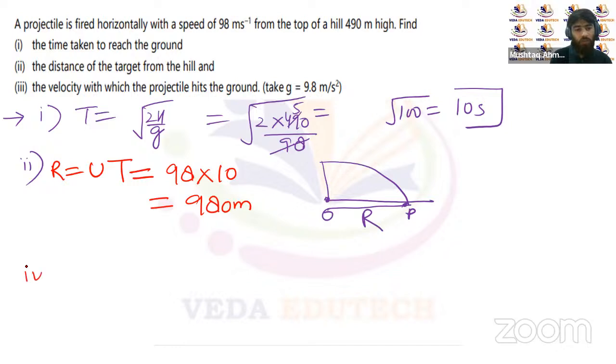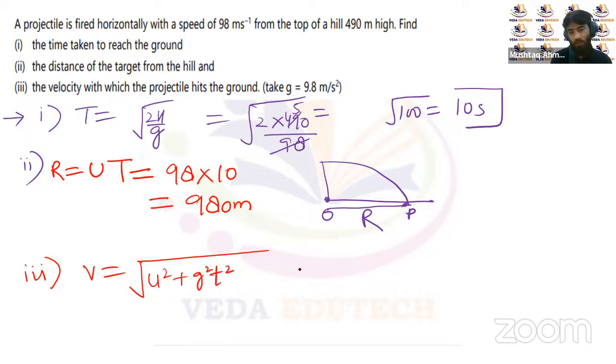Finally, we have to calculate the velocity with which the projectile hits the ground. That was calculated as the square root of u square plus g square into t square. So that's u square, given as 98 whole square, plus g square, that's 9.8 square, into 10 square.